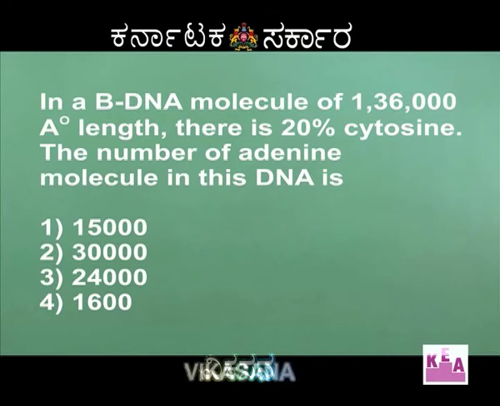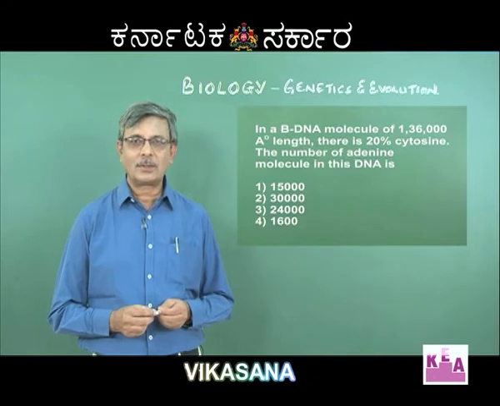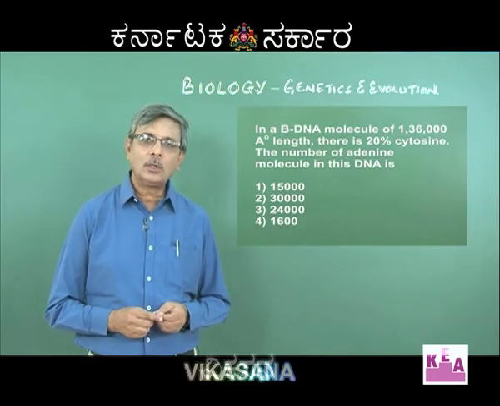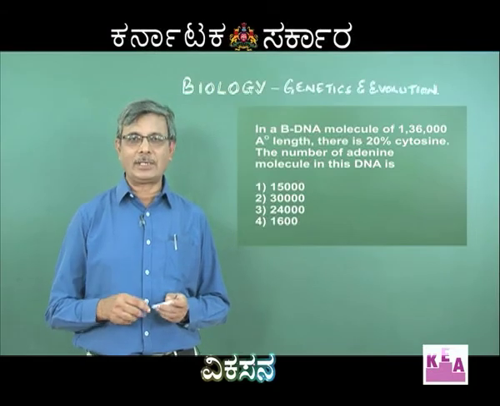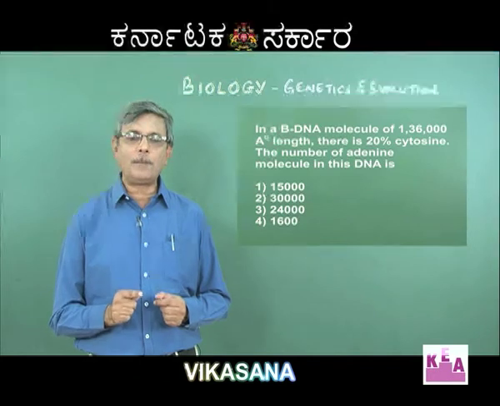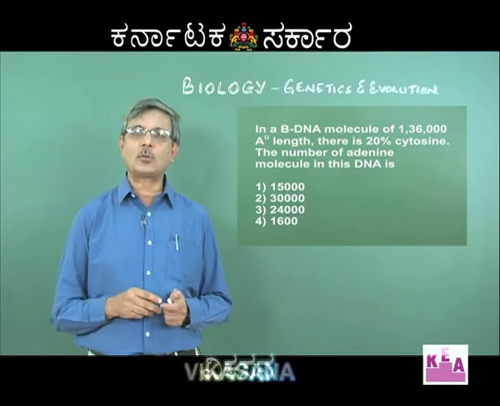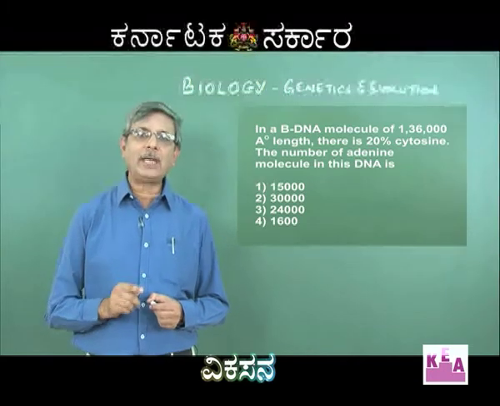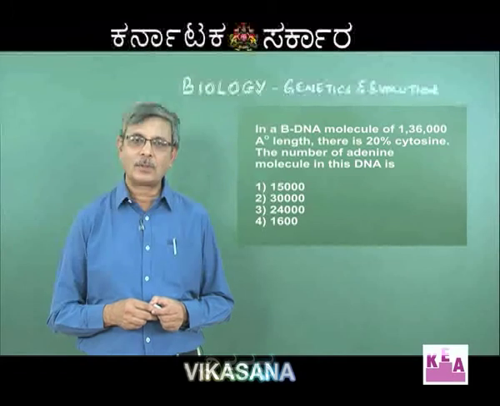You also know Chargaff's rule of base equivalence. We know that the two strands of the DNA molecule are complementary, where cytosine pairs with guanine by 3 weak hydrogen bonds, and adenine pairs with thymine by 2 weak hydrogen bonds.